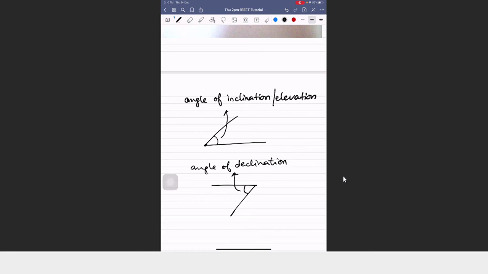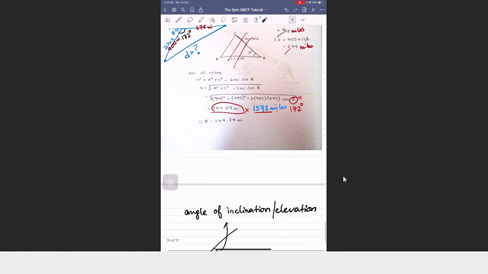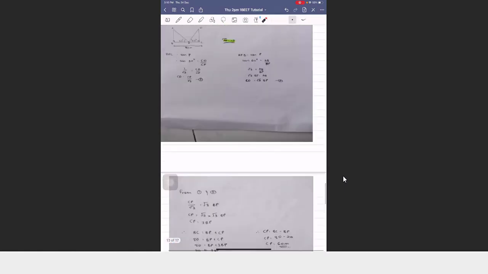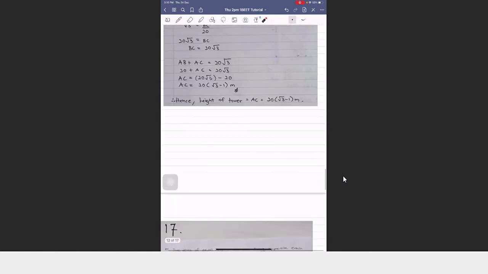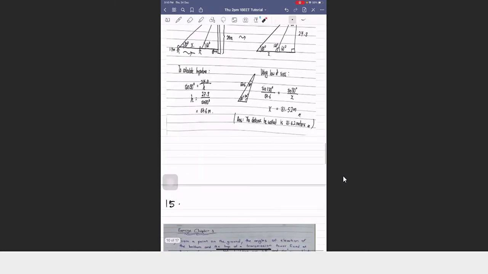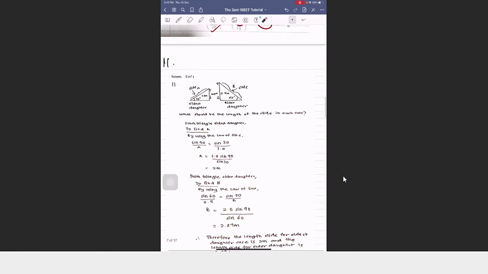If it's inclination or elevation, you are at the ground looking up. If it's angle of declination, from up looking down. So for question 11, there's a word there, incline. Incline at an angle. Incline means inclination. So back to this diagram.